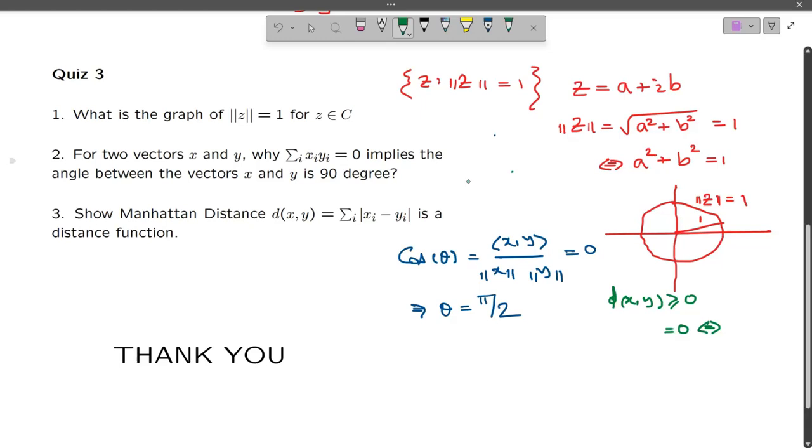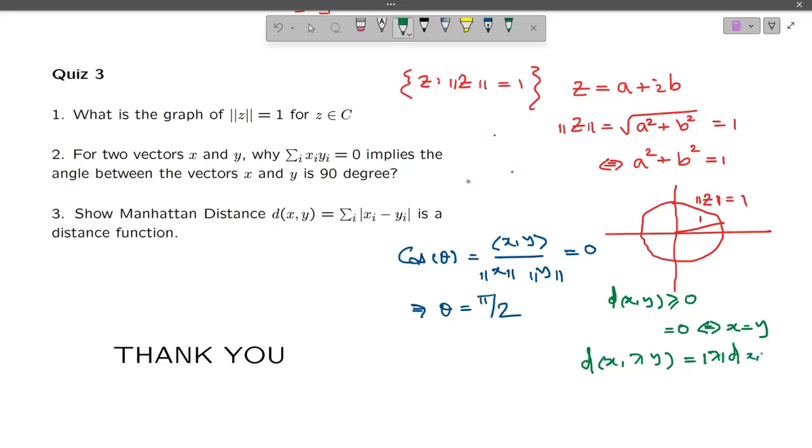The summation of |xi minus yi| equal to 0 means xi minus yi equal to 0 for each i, so x equal to y. So d(x,y) equal to 0 implies x equal to y. That is the first property of the distance function. The second property is homogeneity: the distance of x and lambda y equals mod lambda times d(x,y). It is homogeneity. If you put a scalar, it comes out.